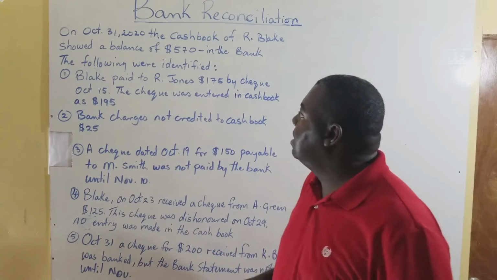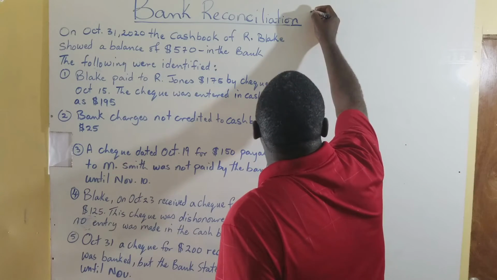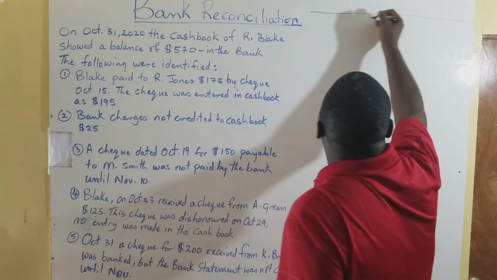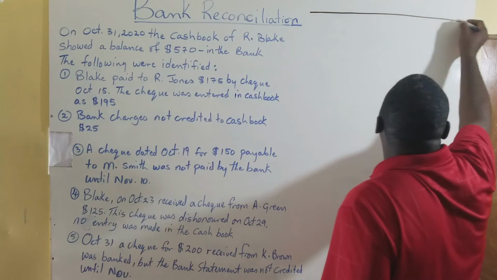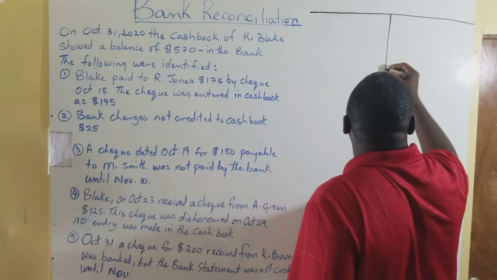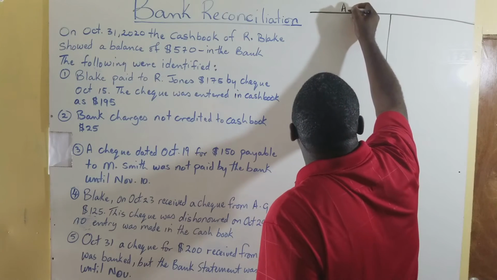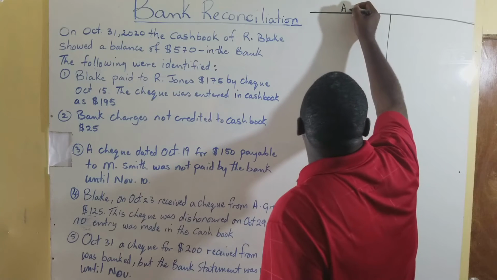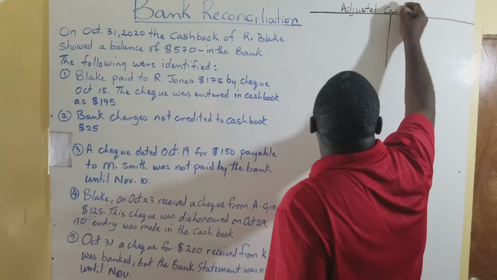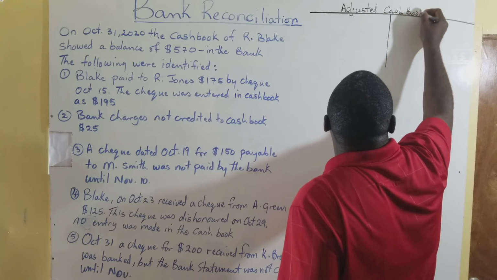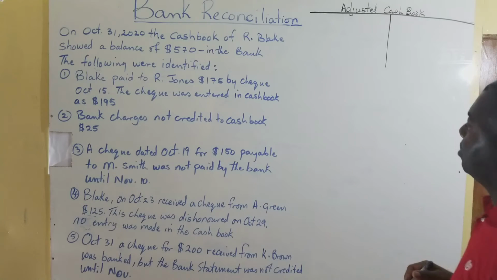So let's proceed to resolve this exercise. The first thing we will do is open our adjusted cash book. Beg your pardon, I said bank recon, but we are going to be doing the adjusted cash book.